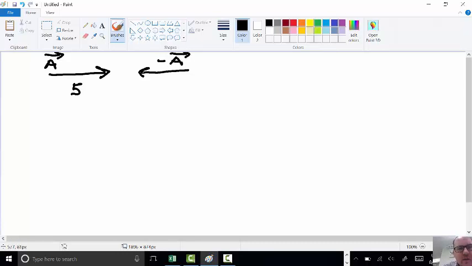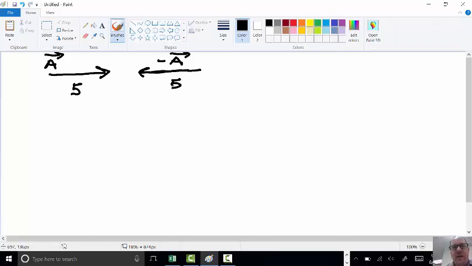So vector negative A is the exact opposite direction of vector A. It's also worth 5. It's just pointed in the opposite direction. Okay, and that's important to know. So if you ever have a negative vector, it's just the same size but in the opposite direction.